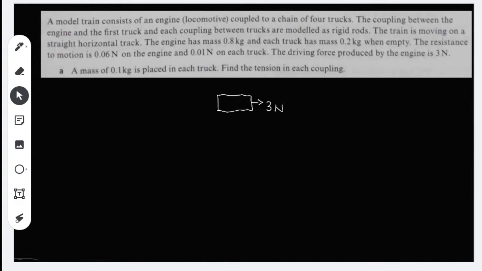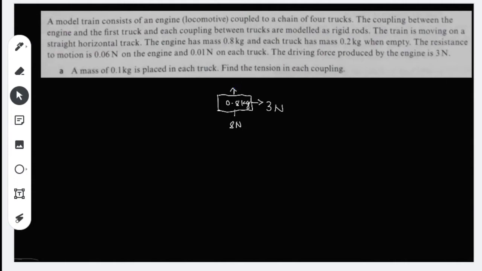After that, the mass of the engine is 0.8 kilogram. So therefore, the weight will be 8 Newton. Now, going upwards, of course, we have your R. That will be your R going upwards.